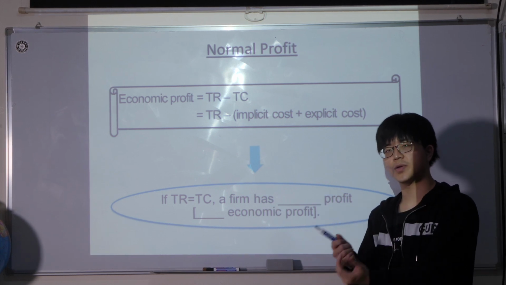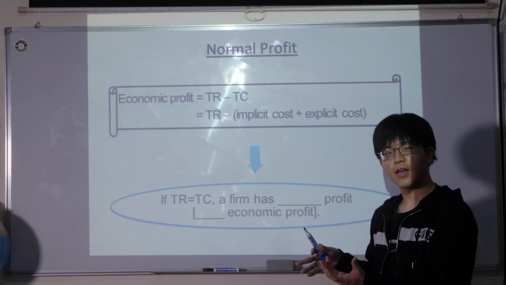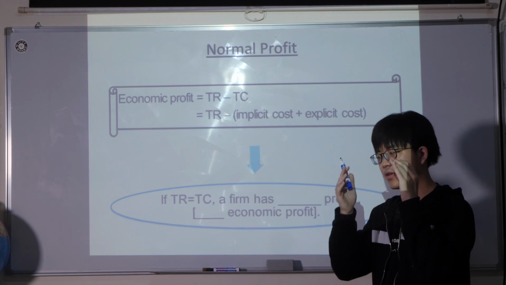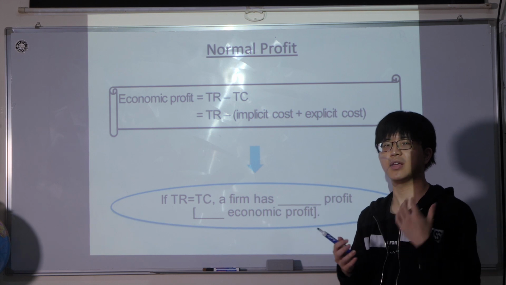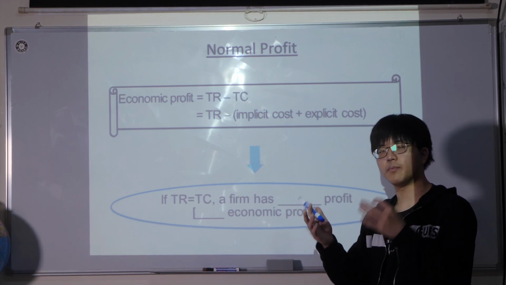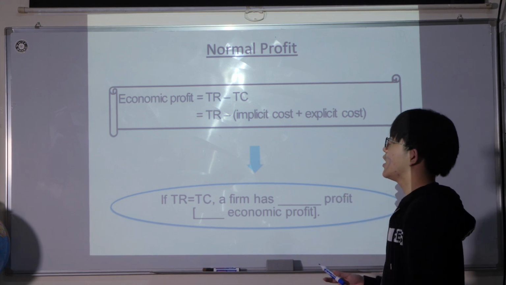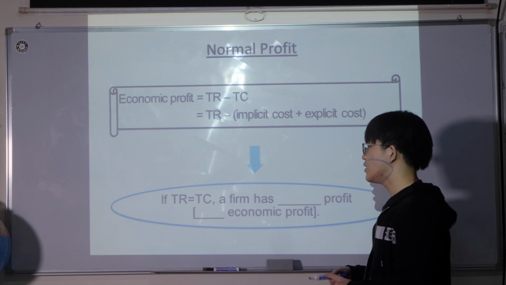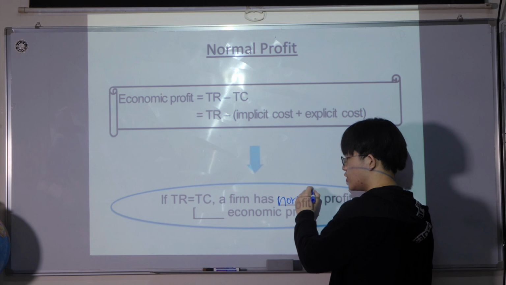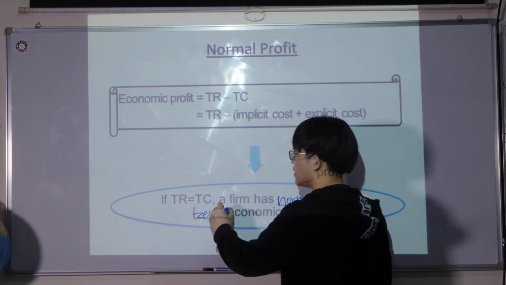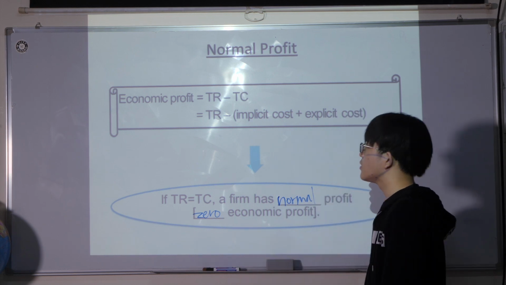But with normal profit, you still earn something if you only think about the explicit cost, but because of the existence of implicit cost, we do not make any economic profit, meaning zero economic profit. In that case, we say it is the situation of normal profit, which is zero economic profit, the case where TR is equal to TC. Next slide.